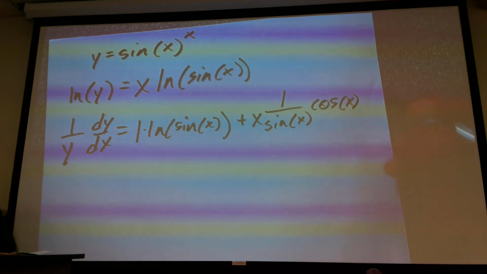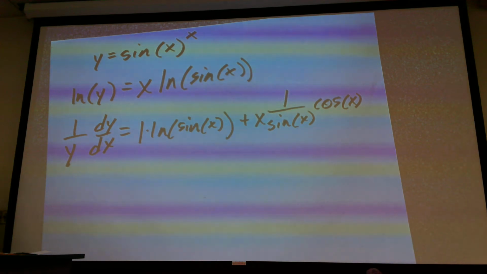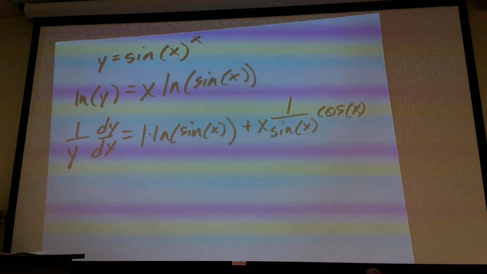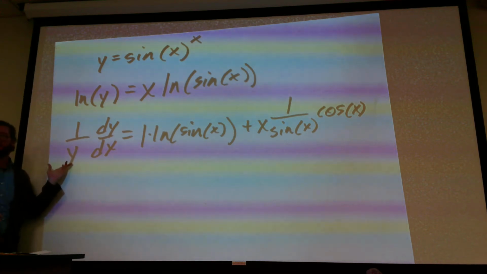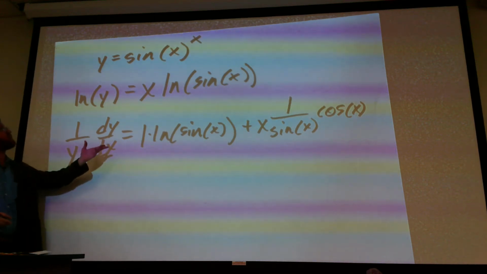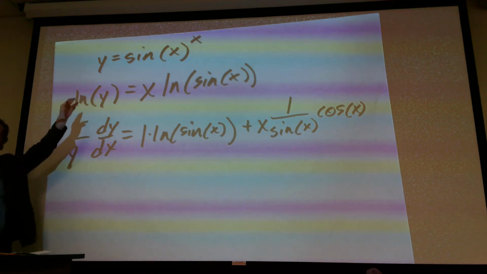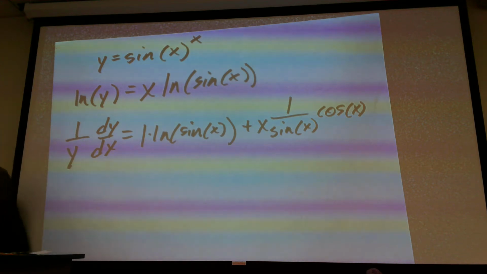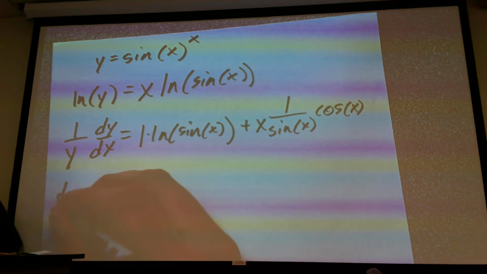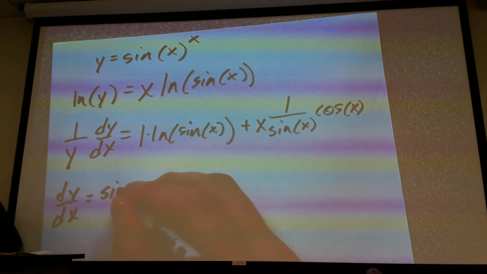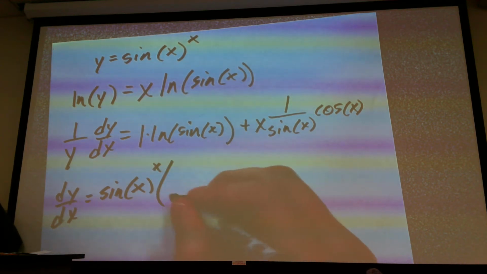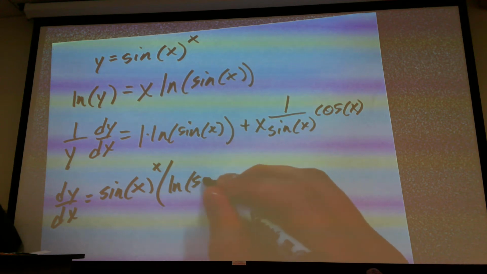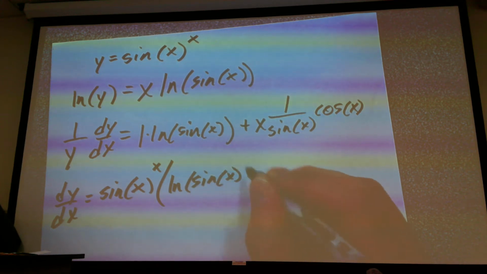Now, remember, you're taking the derivative of the natural log of y, so it's forcing y back down to the bottom of the problem. But when you multiply y back through, you're going to substitute back in that sine of x to the x power. So that means that dy dx is going to equal sine of x raised to the x times the natural log of sine of x, right?